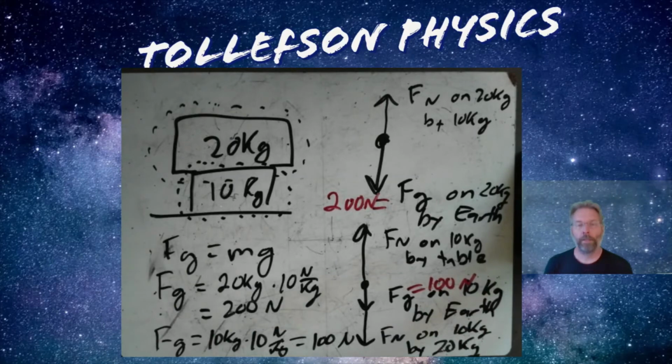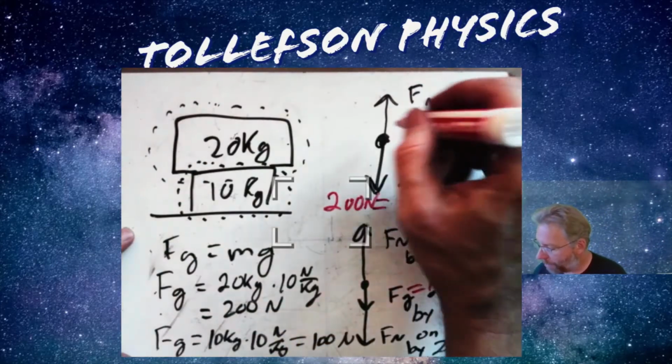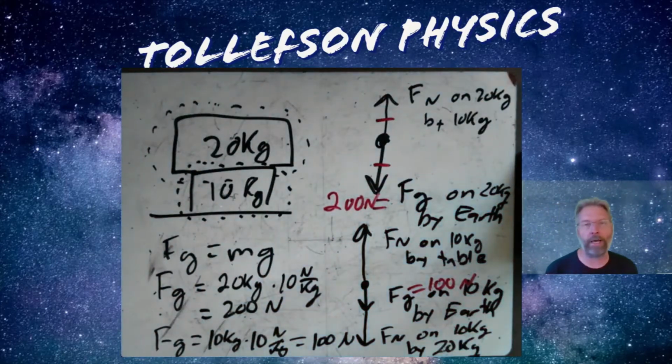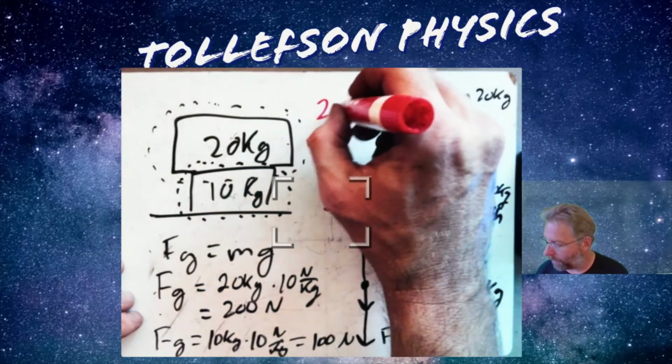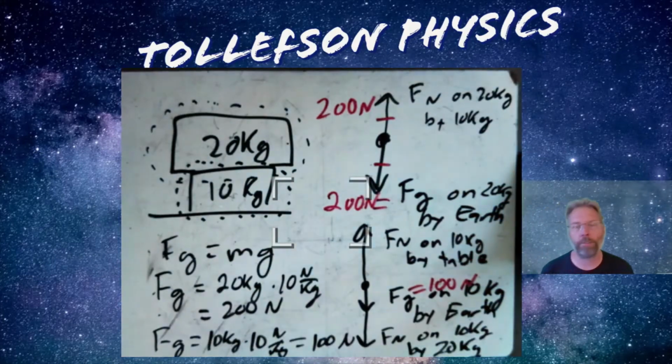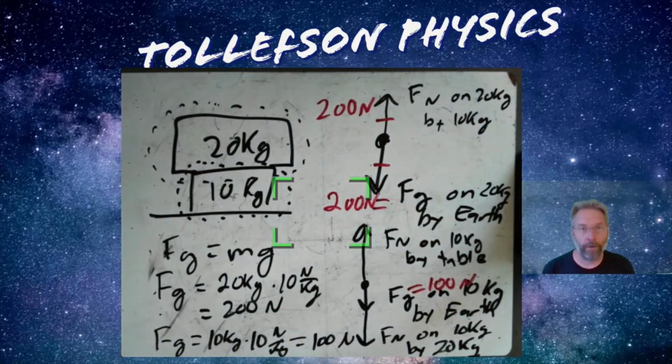All right, so I have both of those. Now, on the top force diagram, I know that it's not moving, so the up arrow must equal the down arrow. And if the down arrow is 200 newtons, well, then the up arrow, and I'll write it over here, also must be 200 newtons. All right, that's because of Newton's first law.